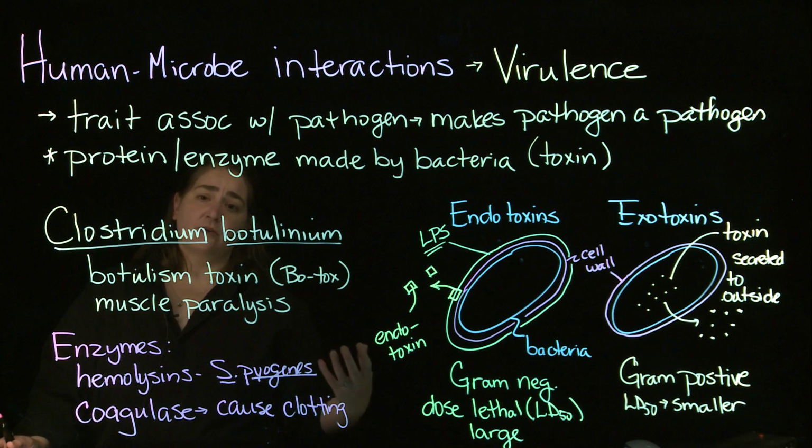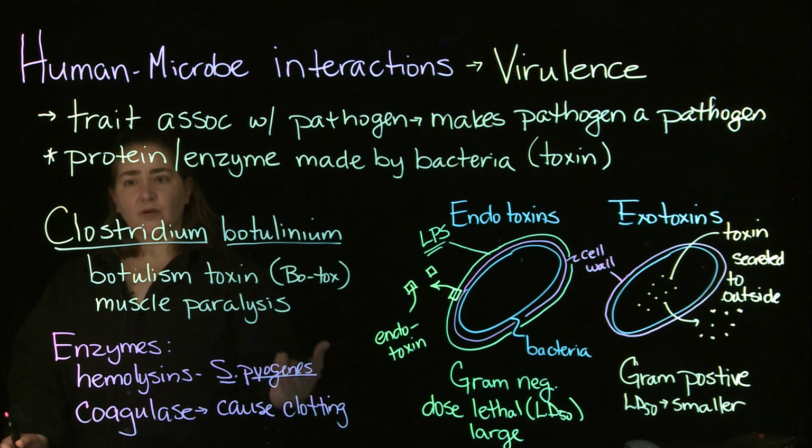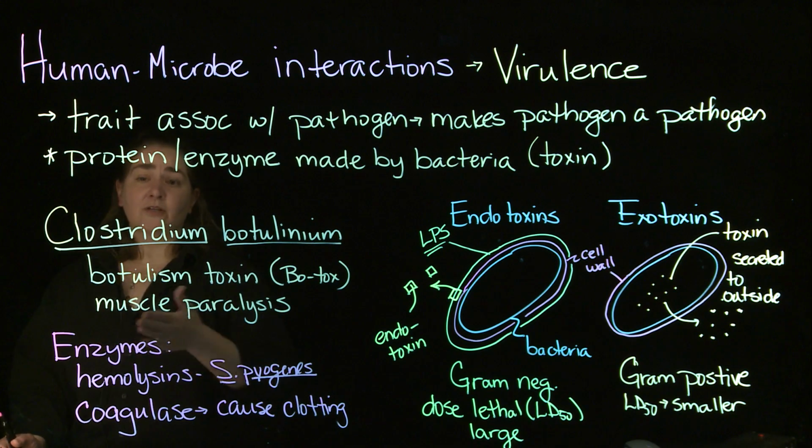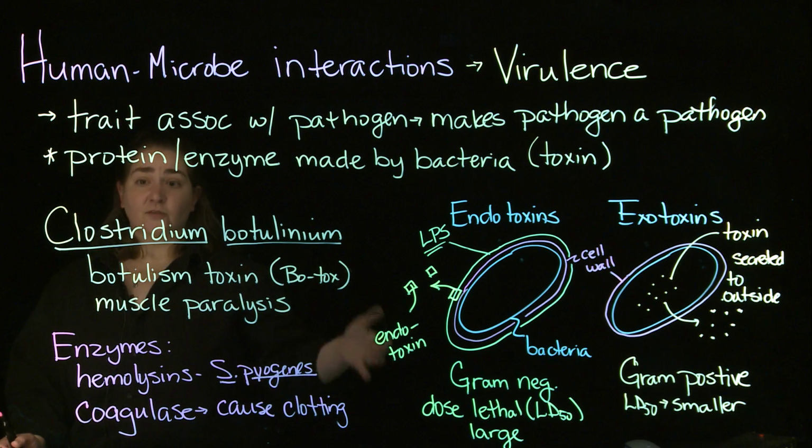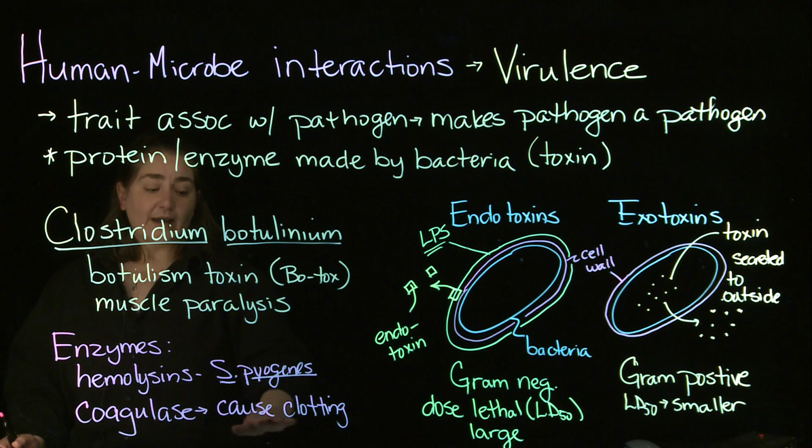That clot now has the ability to evade the immune system. That's what allows that bacteria to survive. Because remember, in our stages of infection, survival is one of the goals of our bacteria. They need to survive so that they can replicate. Coagulase is a virulence factor, an example of how that happens, okay?